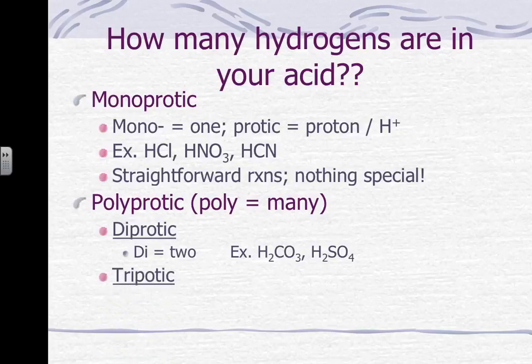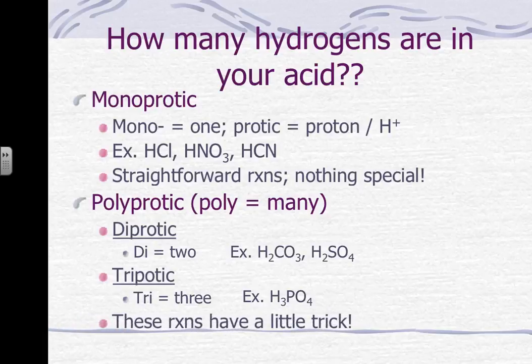We also could have triprotic acids, which are acids that have three protons. And you don't typically see a lot of these because there aren't a lot of anions that have a -3 charge that would require the three hydrogens. However, phosphoric acid, as you see here in the example, is your most common triprotic acid. And we'll do some work with the phosphoric acid here in just a little bit.